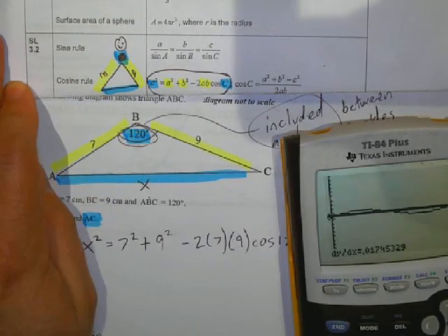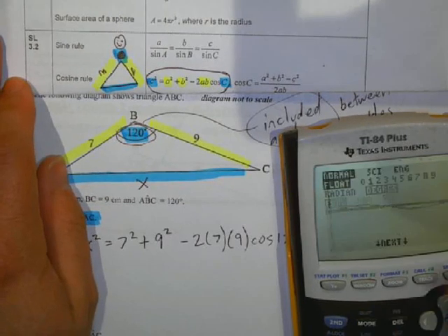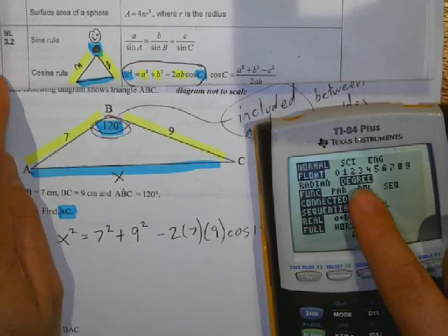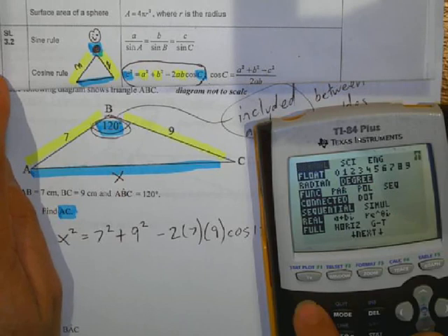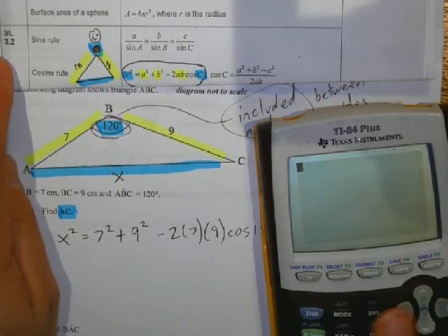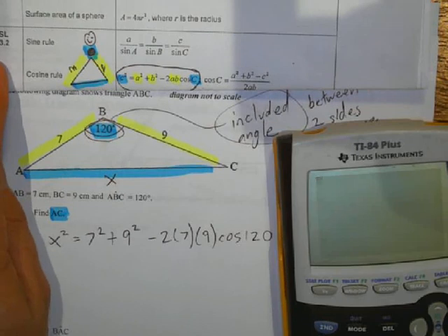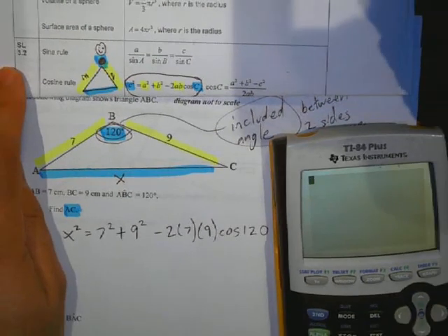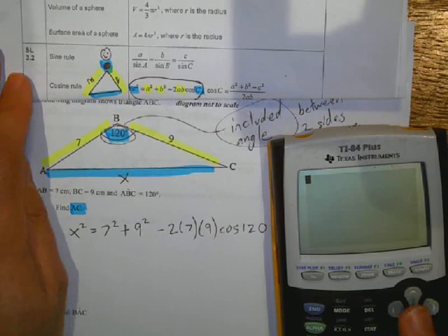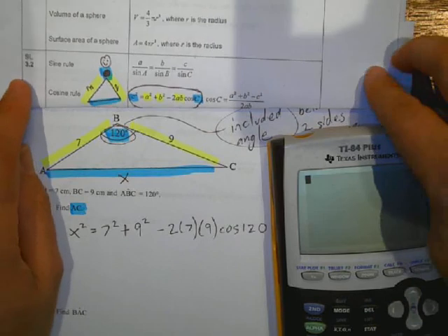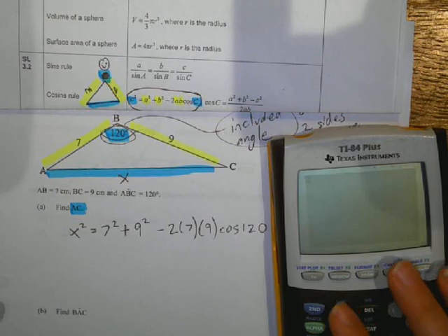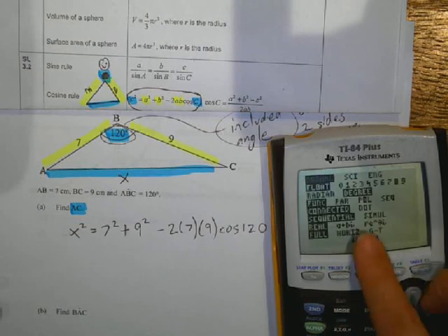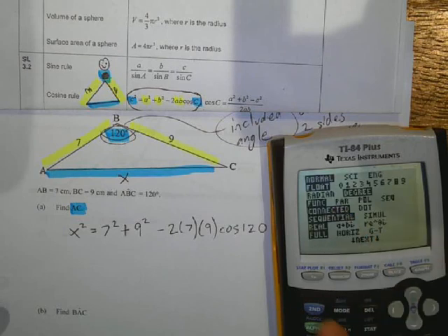Make sure that when you're looking at mode, you need to be in degree mode. Very important. If you haven't loaned your calculator to an HL student, then it's probably already in degree mode. But if you loaned it to an HL student, they may change it to radian mode, and you don't want it in radian mode for the SL course.